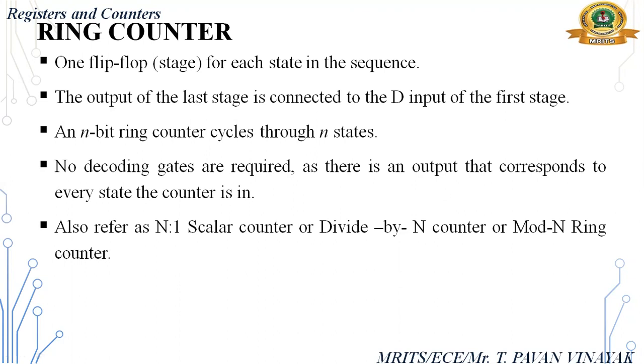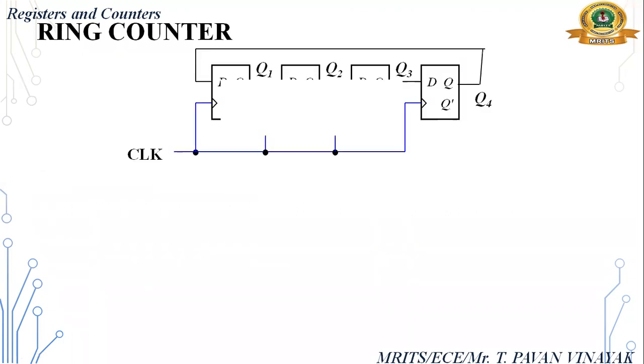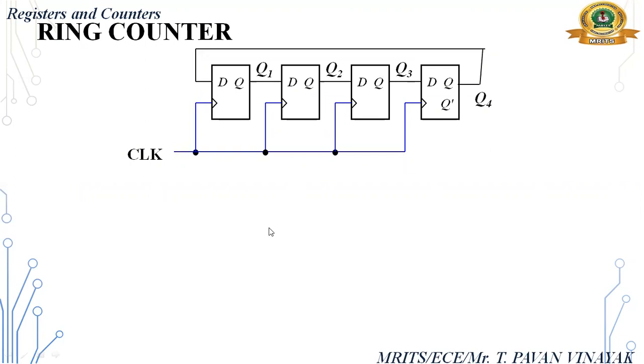Okay. Next, let us see the circuit. So this is the circuit diagram. I am using a 4-bit ring counter.